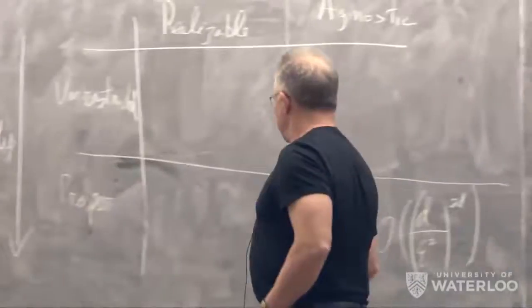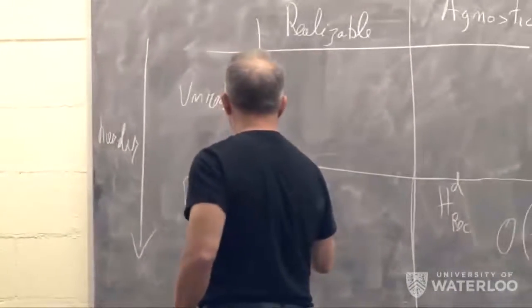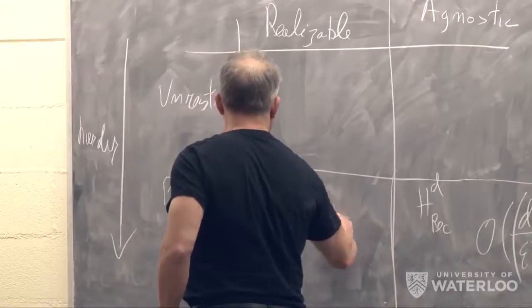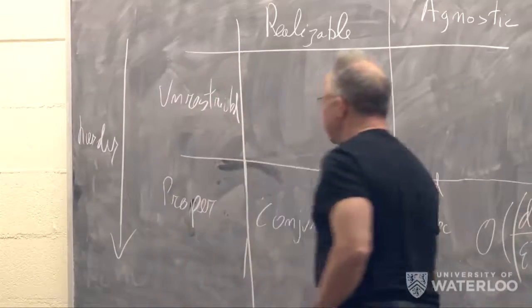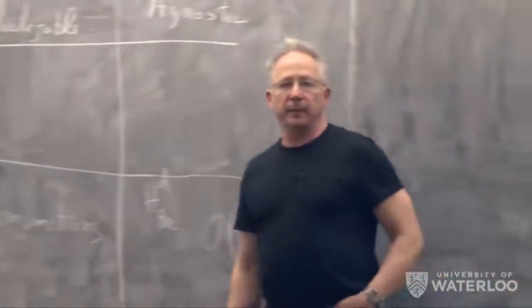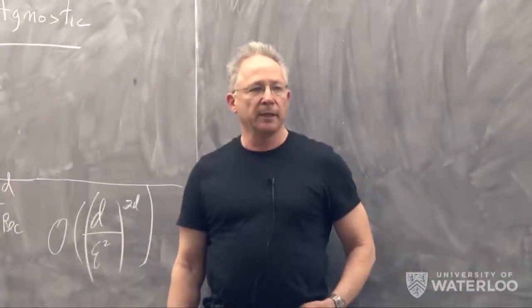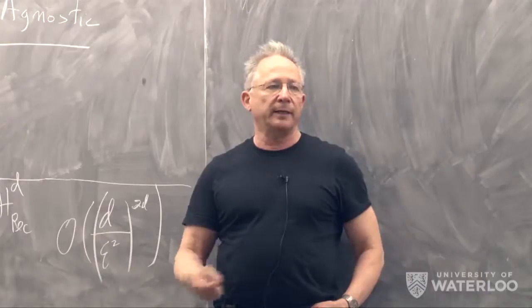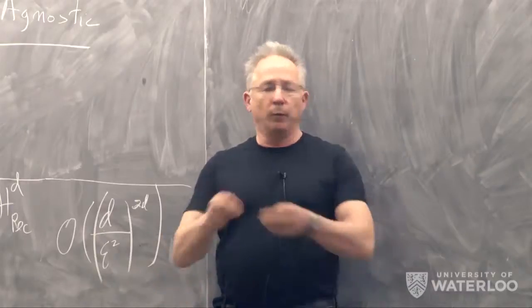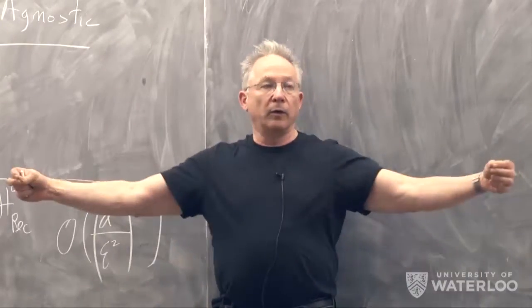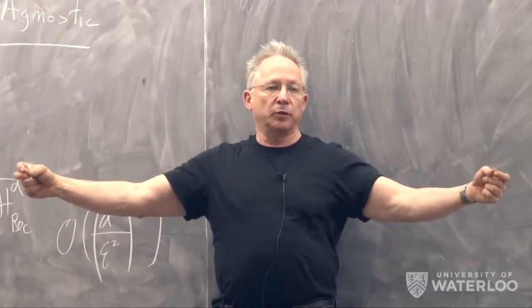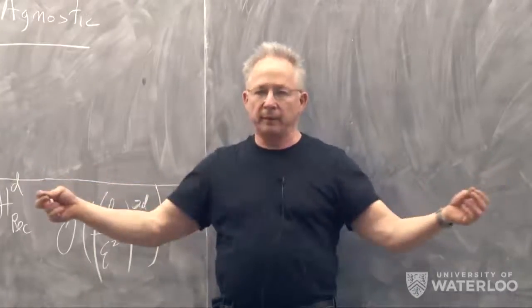Now, learning conjunctions was here. Why was it here? Because in order to learn conjunctions, we assume that the vectors that we get are realizable by some conjunction. You remember, we started with the all-term conjunction that included all possible literals.